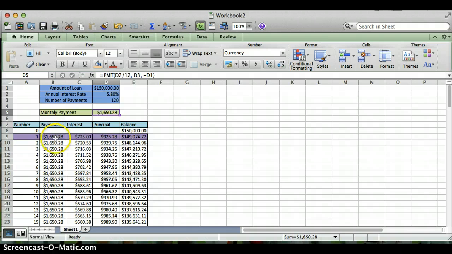And once we have our monthly payment, then we can figure out the interest for each month using our interest rate and our monthly payment.